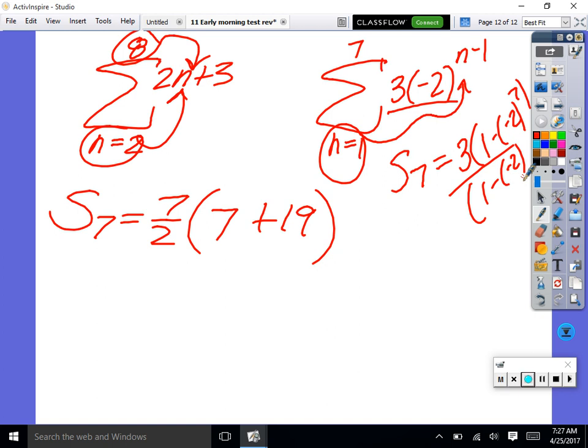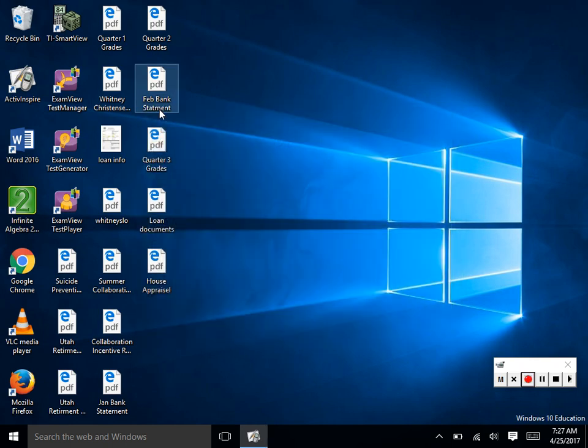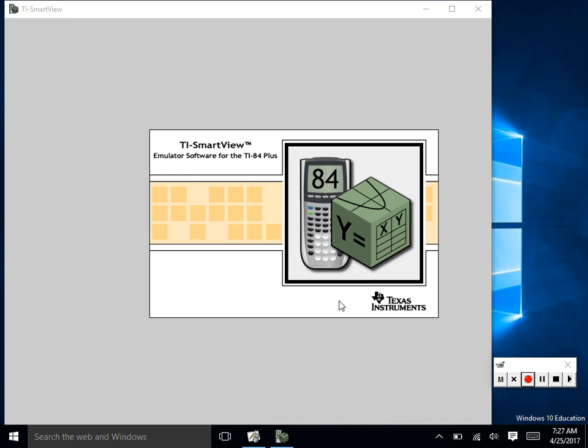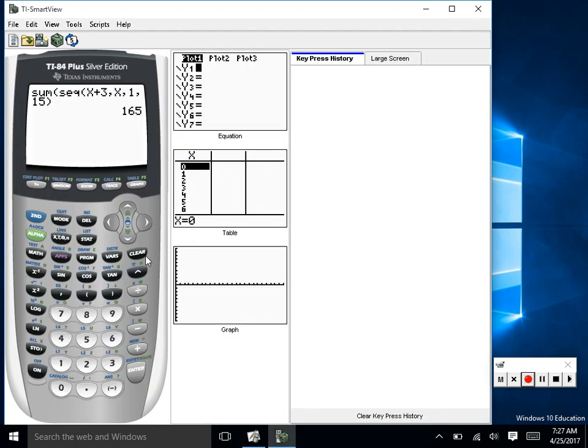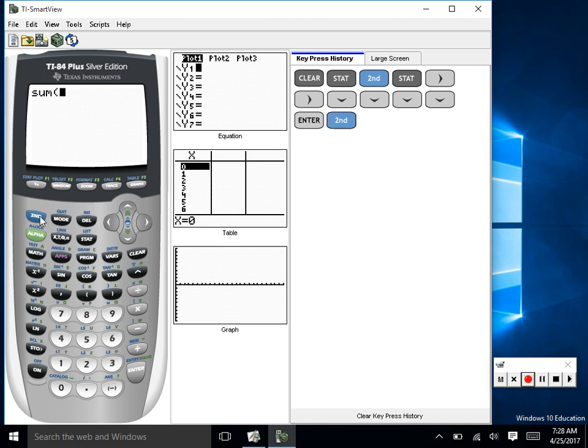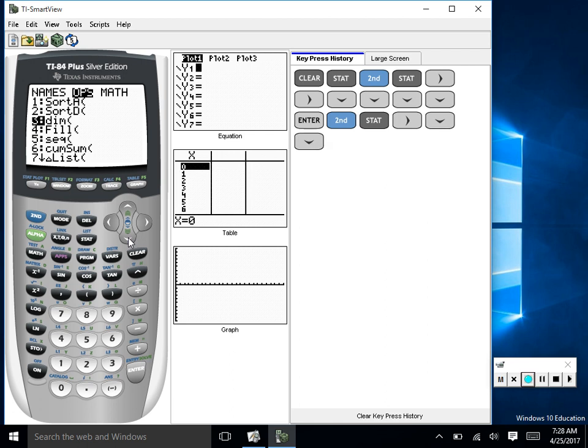Let's pull it up. Everybody's calculator is a little different, but in general, how you do it on the calculator is you go second stat, over to math, then you go to sum, and then you hit second stat again, over to ops, down to sequence.